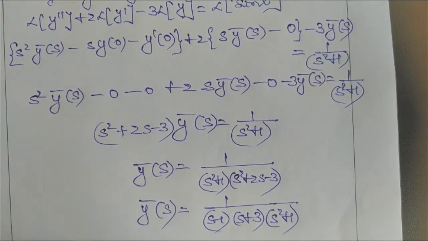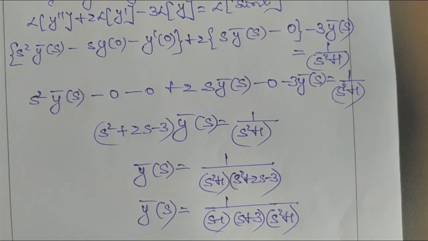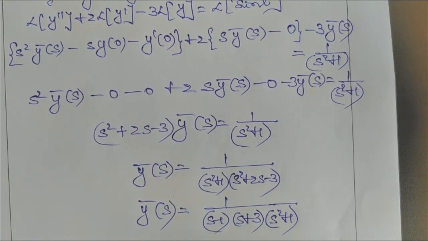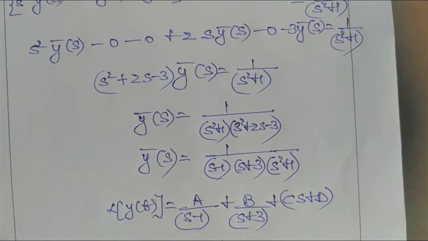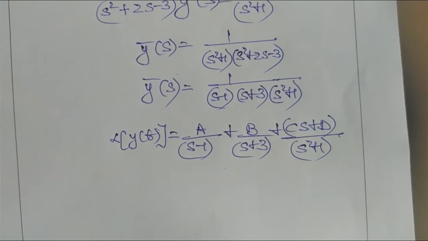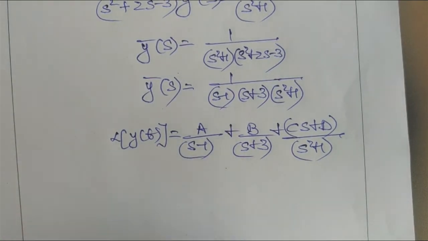So now this can be written as Laplace of y(t) is equal to A divided by s − 1 plus B divided by s + 3 plus (Cs + D) divided by s² + 1.